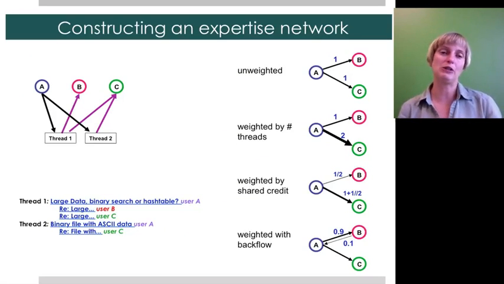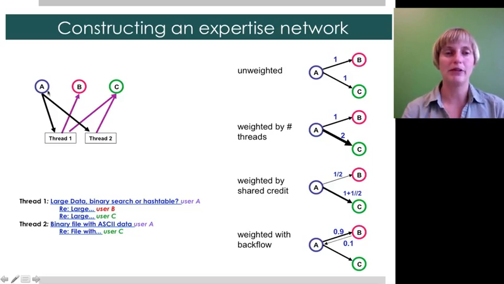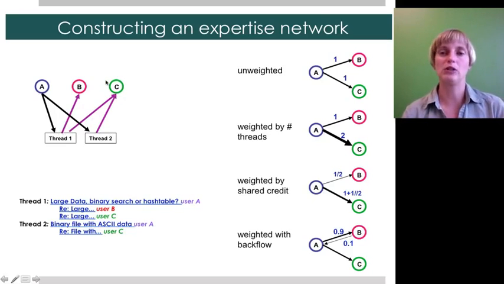For example, if you have A who posted 2 questions, and then you have B and C who answered those questions, you have some choice. You could do an unweighted network where A has directed edges to B and C, and in this case, we're saying B is more expert than A because they could answer the question.